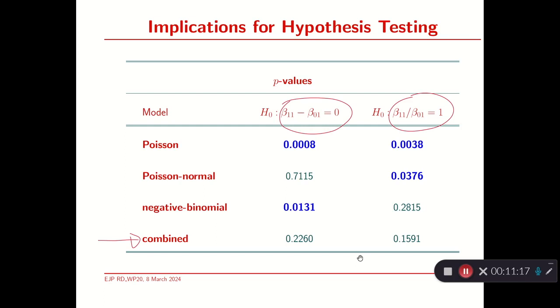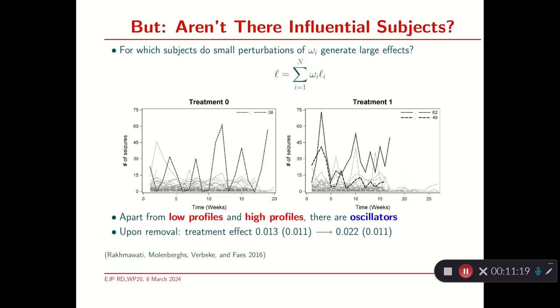No, no. There are a few other features that we still should think about, and the first is, aren't there influential subjects? Is the conclusion genuine, or may it be driven by one or a few subjects that have an undue effect on the conclusions? We are thinking spontaneously, and they're also printed here, of the profiles that dance up and down, the oscillators, so to speak.